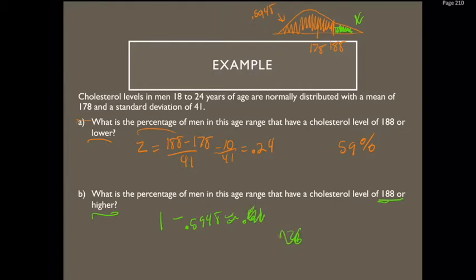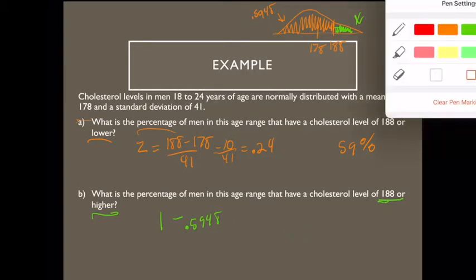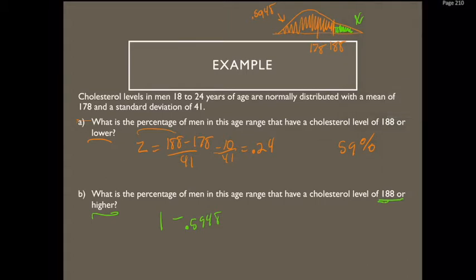Sorry guys, I was looking at the wrong note. So 1 minus 0.5948 is, let me just go ahead and do that. 0.4052. So let's go ahead and round this.